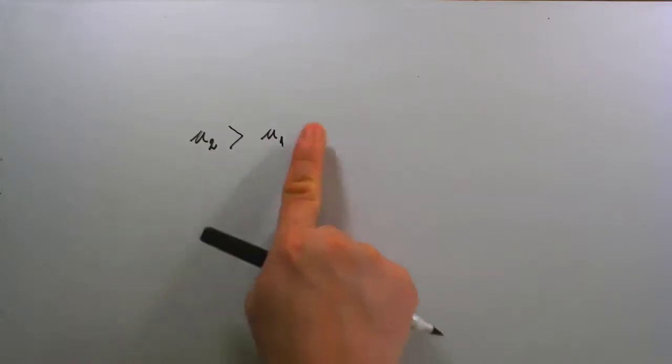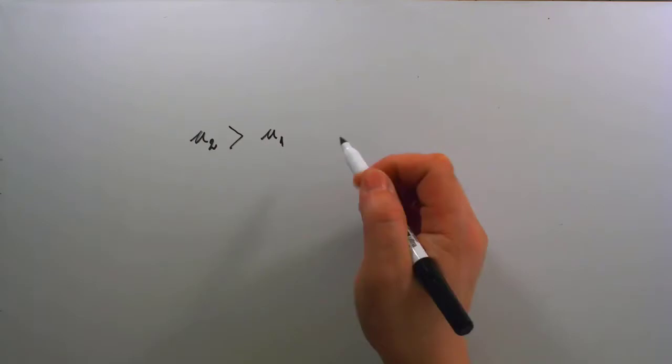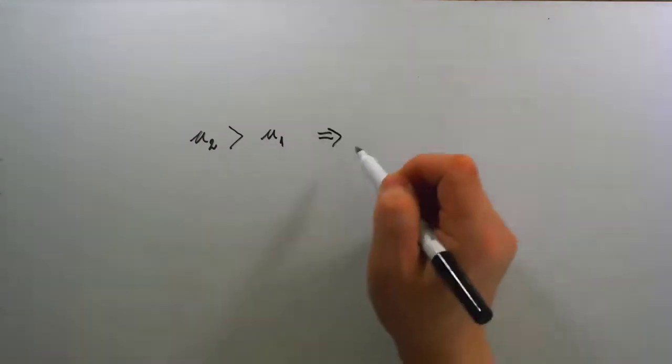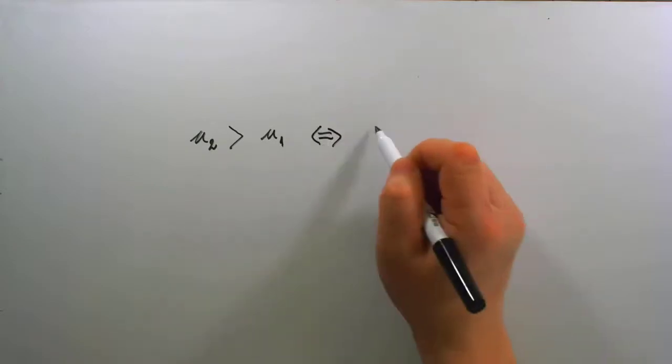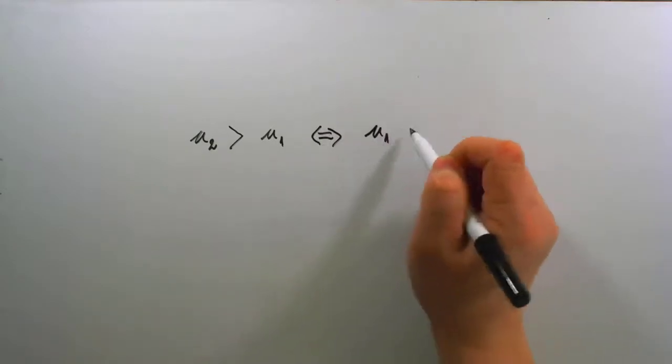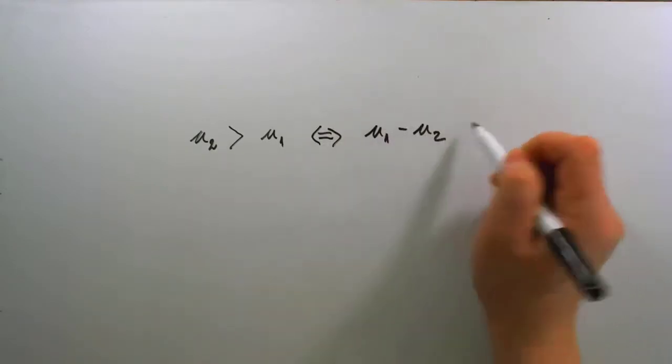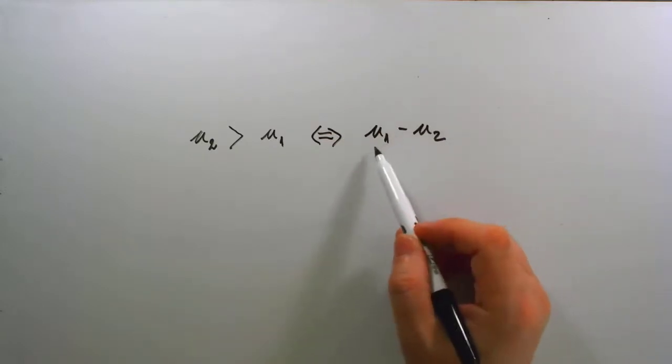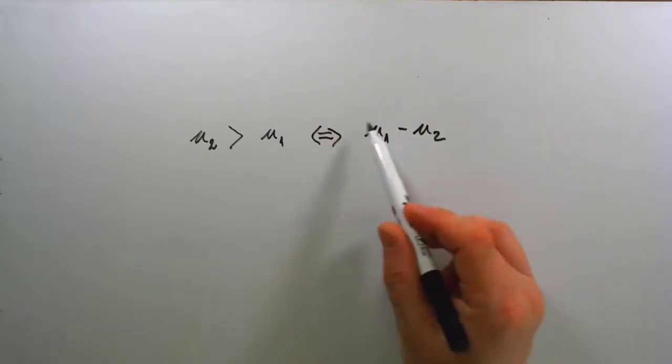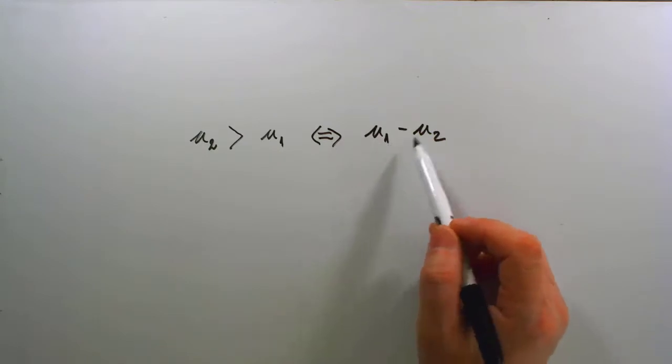But mu2 is greater than mu1 is logically the same as saying mu1 minus mu2, as a difference, is less than 0. Recall from the general discussion I pointed out earlier that we always want to set up our comparison.